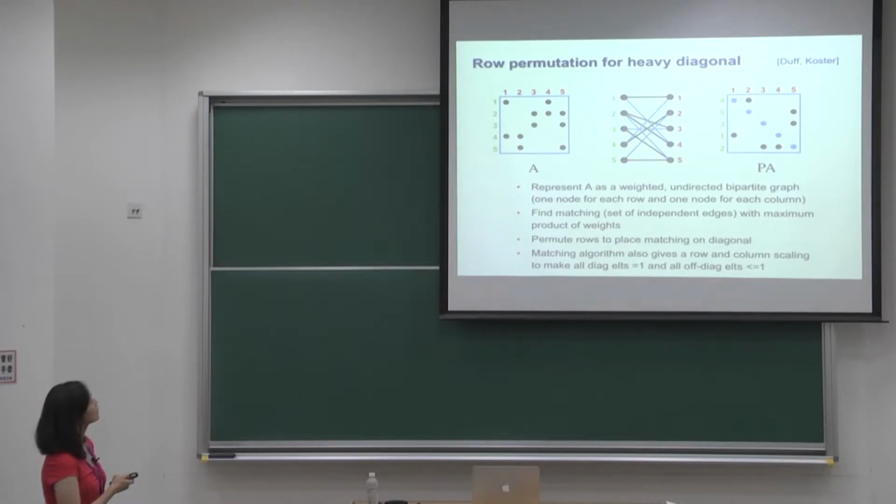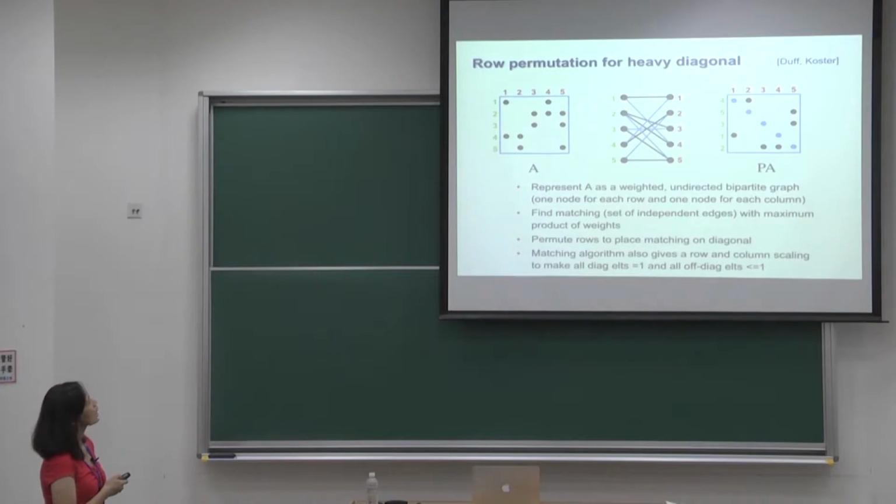The way to do that is to represent A as a weighted, undirected bipartite graph. Then you find the matching. The matching is a set of independent edges so that they have the maximum product of weights for this algorithm. So you look at each edge corresponding to a non-zero. You find the 5 edges which have the largest entries in terms of the product of those 5.